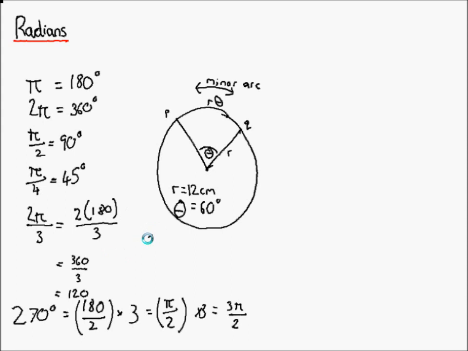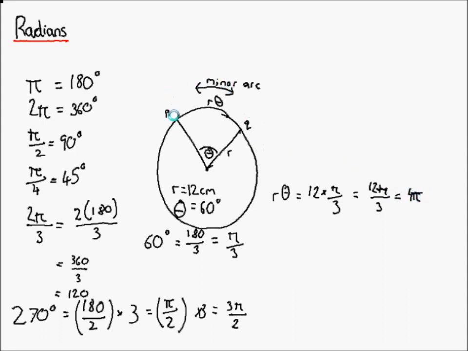So 60 degrees is equal to 180 over 3, which is pi over 3 radians. So then r theta is equal to 12 times pi over 3, equal to 12 pi over 3, which is equal to 4 pi.